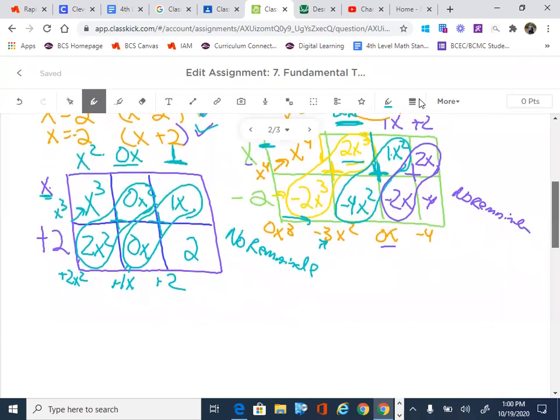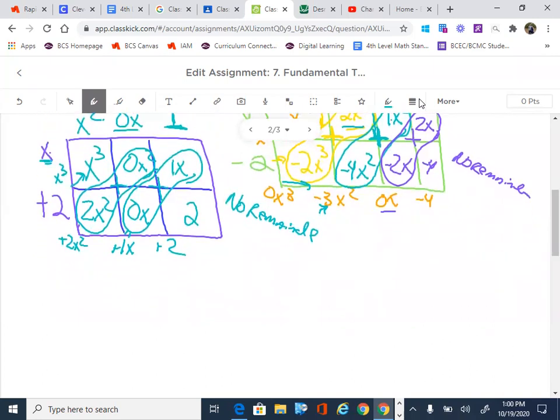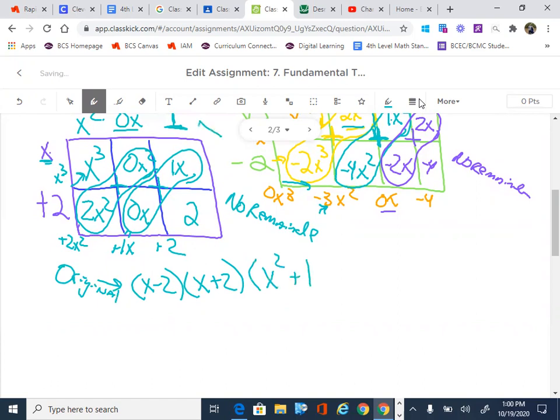So we have now divided these two factors out. That means that we have a factored form, which is x minus 2, x plus 2, the two originals, and then we were left with x squared plus 1, and that is equal to 0. Our goal was to find the x-intercepts.